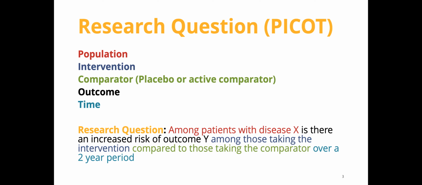So overall, we can ask our research question using these different components. An example of a research question could be, among patients with disease X, is there an increased risk of outcome Y among those taking the intervention compared to those taking the comparator over a 2-year period?